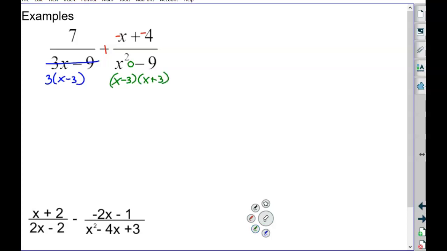So we could get really creative and write over here what's the LCD. But here's the way I think you guys should do it. I need to have all of these pieces somewhere in my denominator. So see how this one has a 3 and this one doesn't? We're going to times the top and the bottom by 3 here.